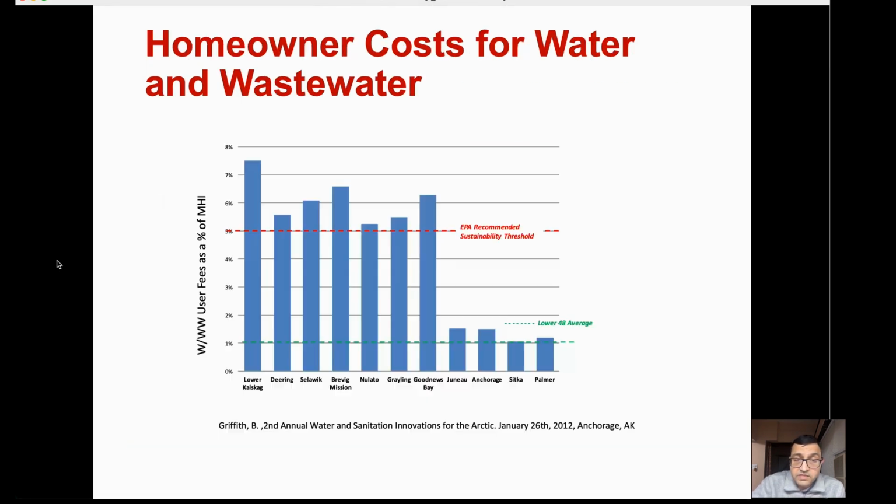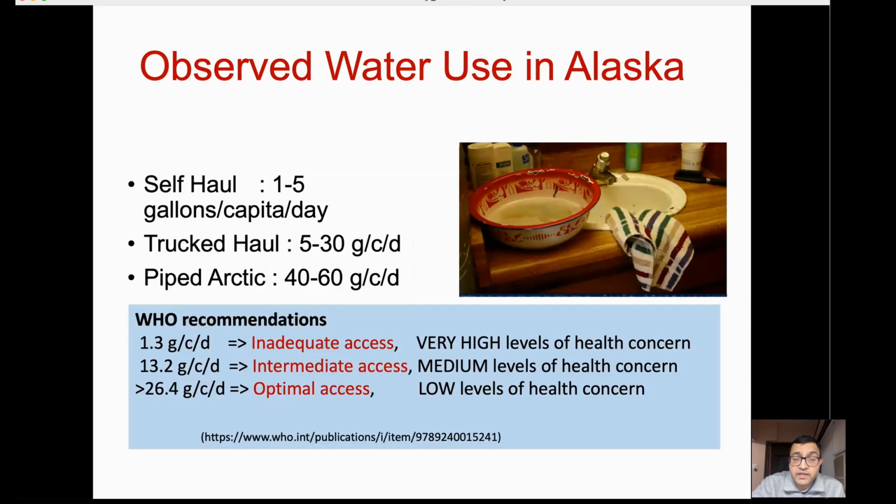And this higher cost of water and wastewater leads to low water use in Alaska. It's been observed that for self-haul, people use about 1 to 5 gallons per capita per day. For trucked haul, it increases to 5 to 30 gallons per capita per day. For piped Arctic systems, it's more like 40 to 60 gallons per capita per day.